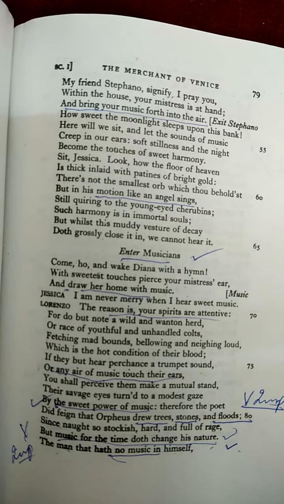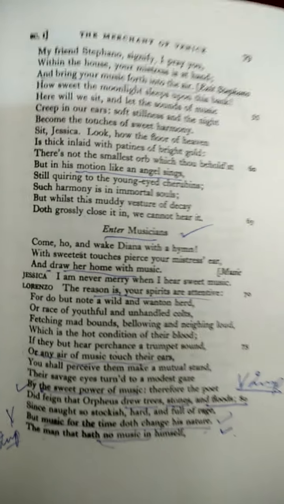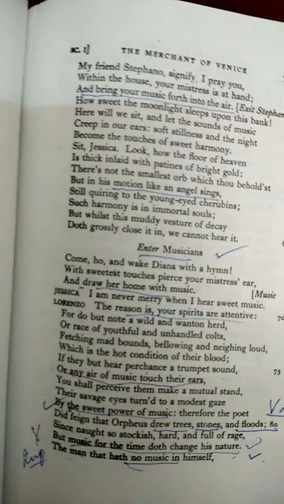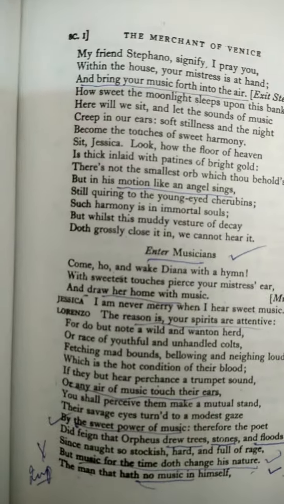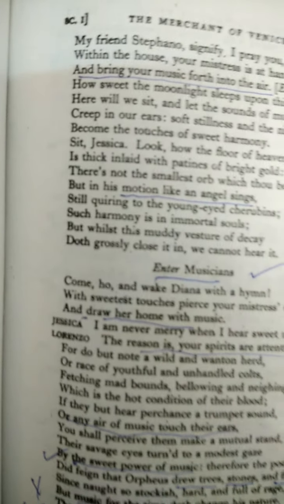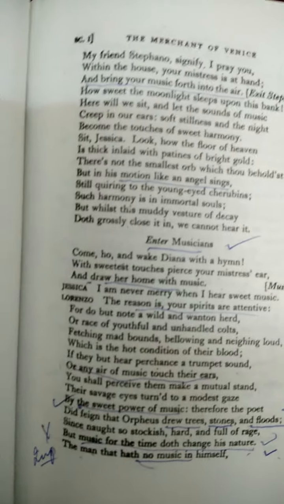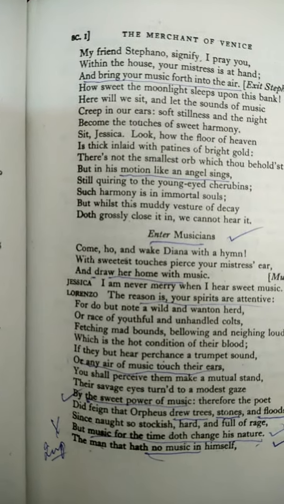And Lorenzo's utterance, when he says that if you have music in your life, then your life is justified. See the heights of Shakespeare's passion for music.